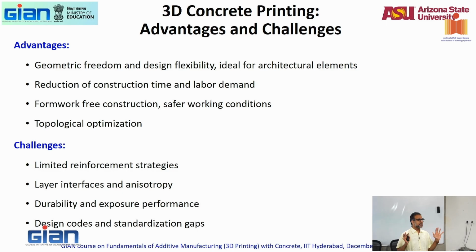Layer interfaces and anisotropy. You remember that your first assumption when you studied your concrete class was that concrete is homogeneous and isotropic. Both of these are out of the window now. No more homogeneity, no more isotropy, right? It is okay. It's not a bad thing. Ask aerospace guys, nobody deals with isotropy at all. They love anisotropy.